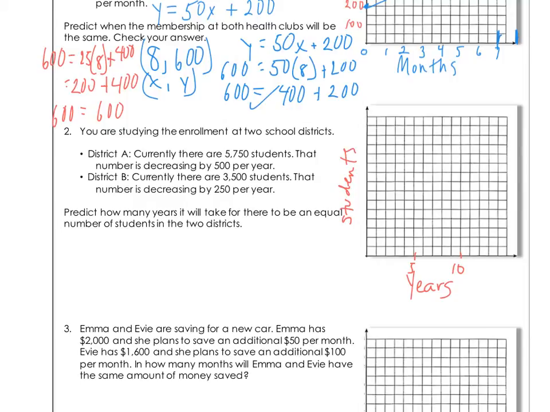Let's say each square is worth, I don't know, how about 400 students? So like right here would be 1,200. All right, right here is 2,400, right? And that can keep going up every 3.